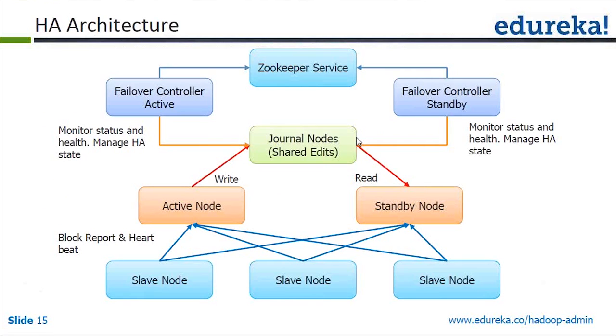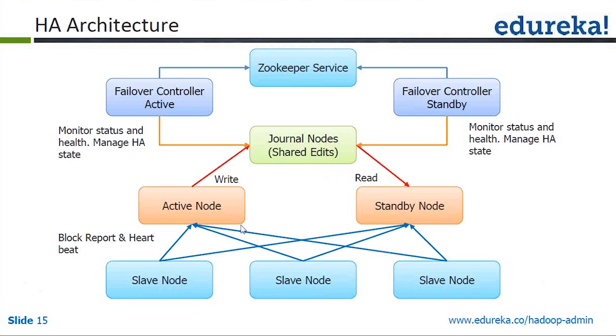Okay, so what are the daemons involved for this configuration of high availability of name node and resource manager? Essentially, we'll be having journal nodes. This daemon will be containing shared edit files.